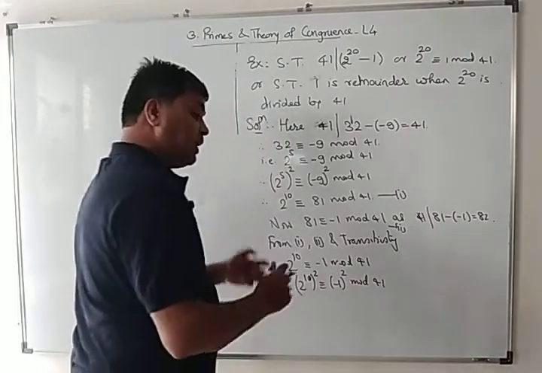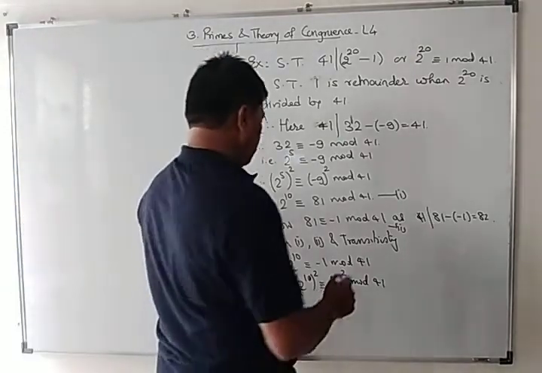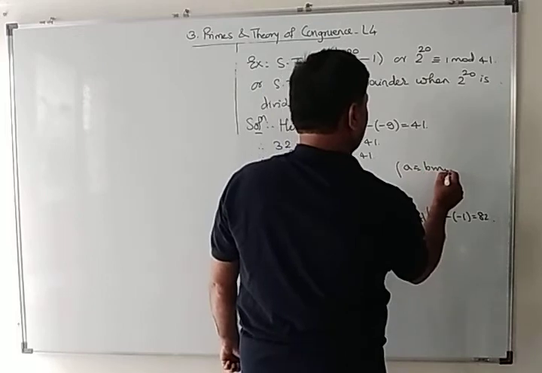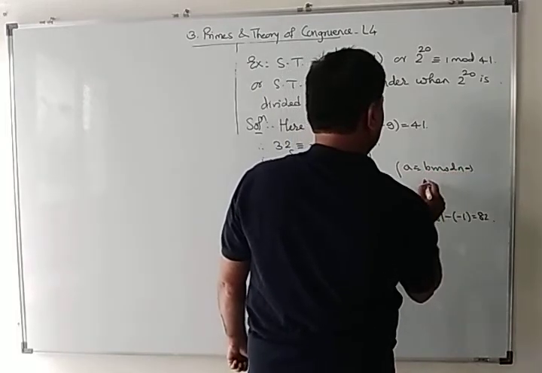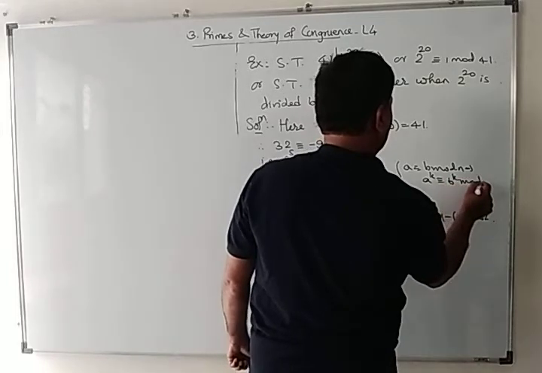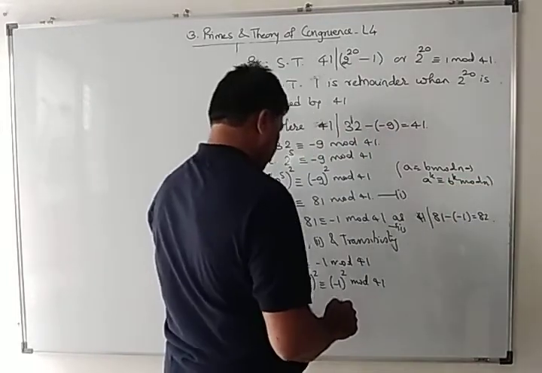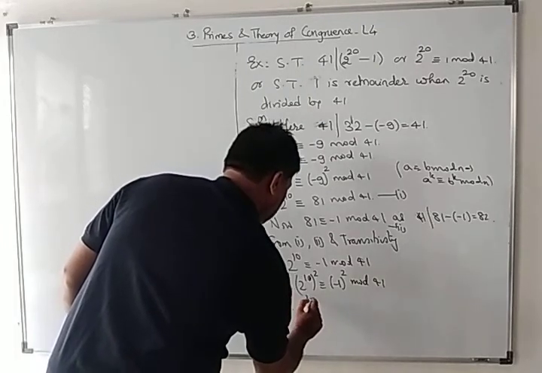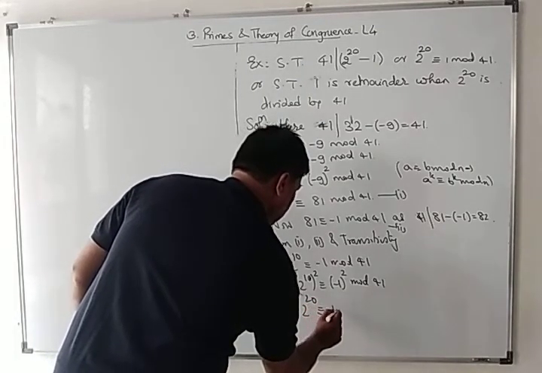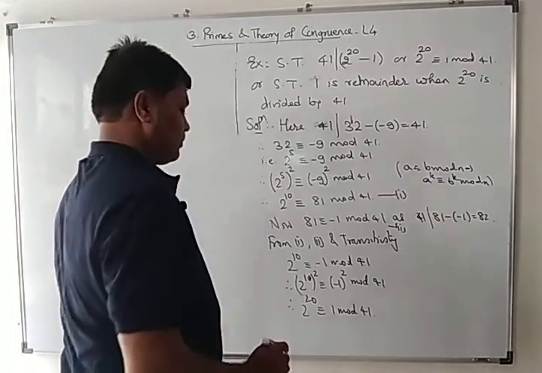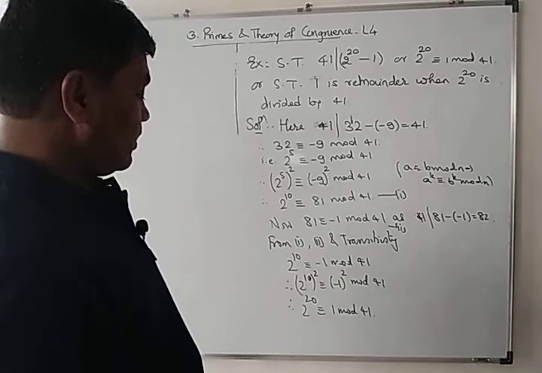We know that A congruent to B mod n implies A raised to k is congruent to B raised to k modulo n. By using this property we get 2 raised to 20 is congruent to 1 mod 41. Is it clear?